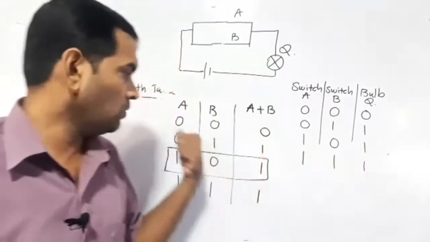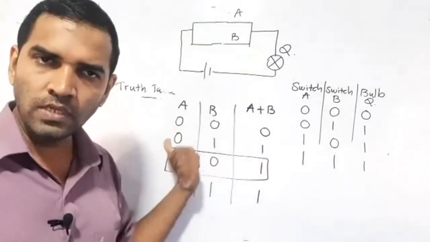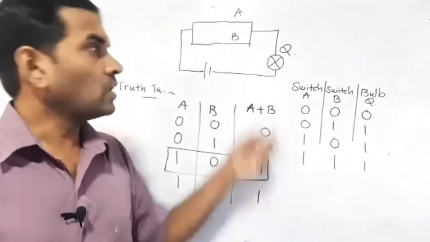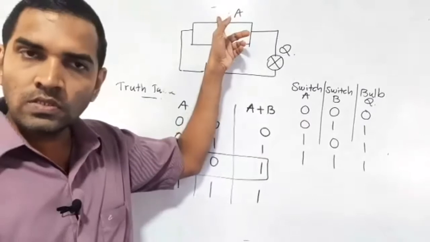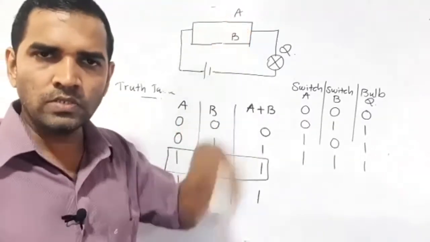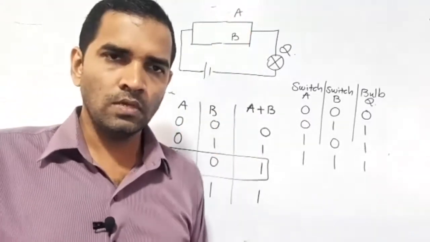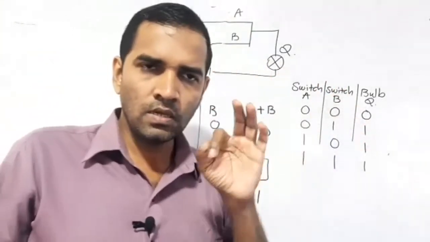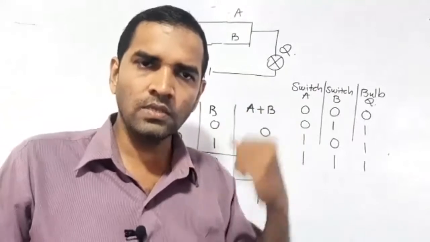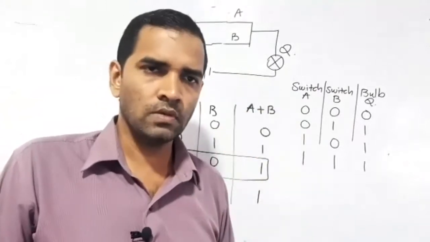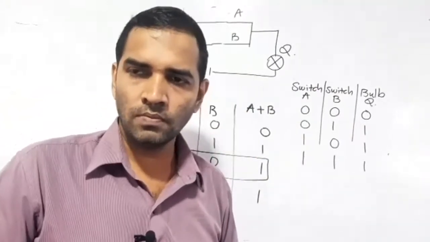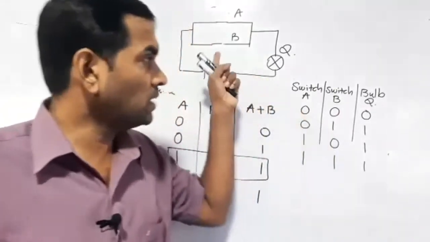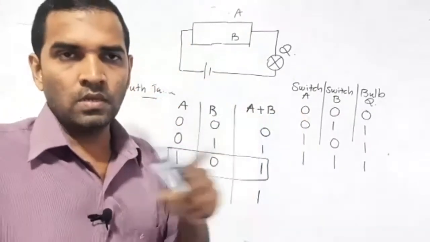Because in an OR gate, when one input has electricity, the output has electricity. Assume one switch is one input, another switch is the second input. We construct this electric circuit only for getting the idea about gates, right? So this is the simple electric circuit for the OR gate.